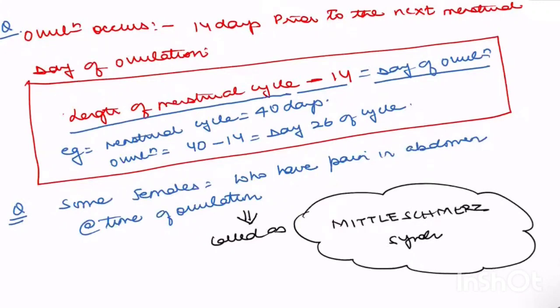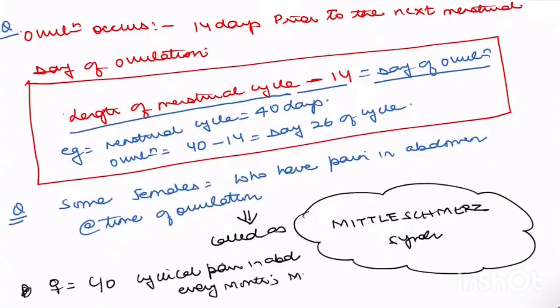So there are some females who will have pain in abdomen at the time of ovulation. This is called as Mittelschmerz syndrome. So in Mittelschmerz syndrome, a female complains of cyclical pain in abdomen every month.